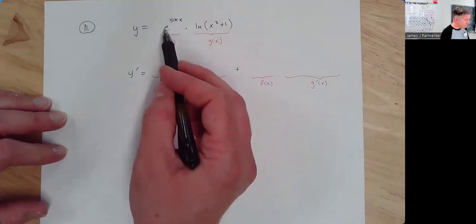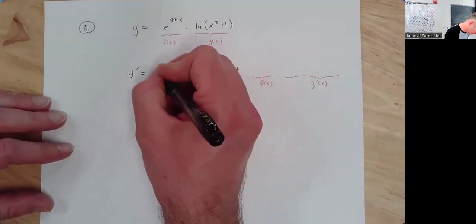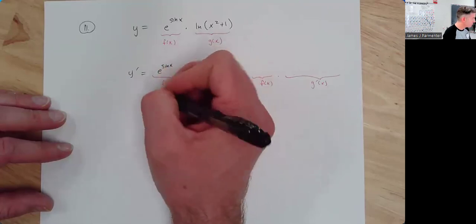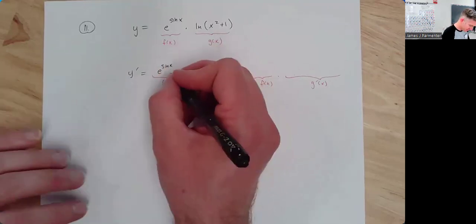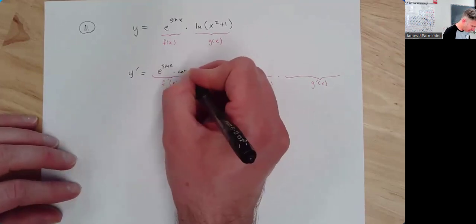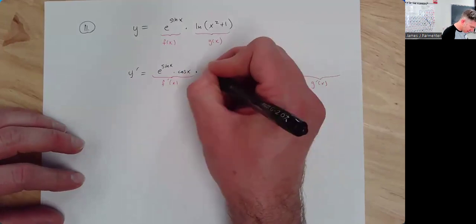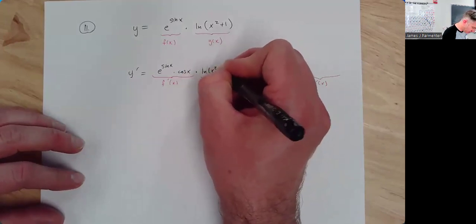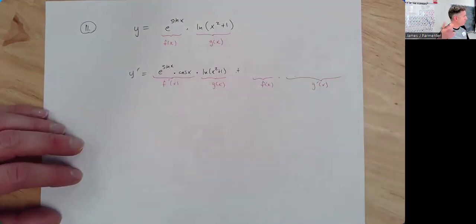So the derivative of e to the sine x, well, the derivative of e to the stuff is e to the stuff times the derivative of the stuff, which is cosine of x. g of x we're leaving alone, so it's times the natural log of x squared plus 1. Plus, then we reverse it.